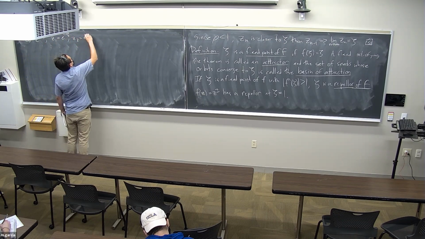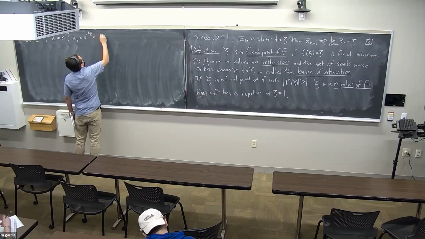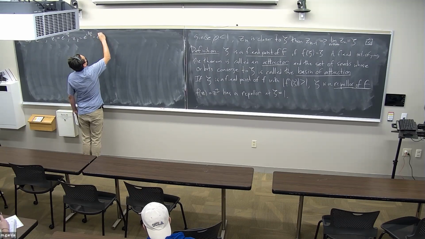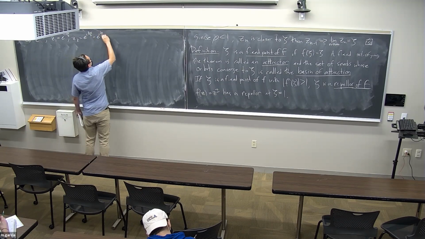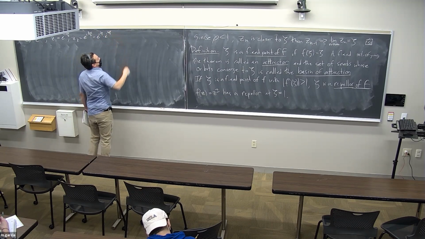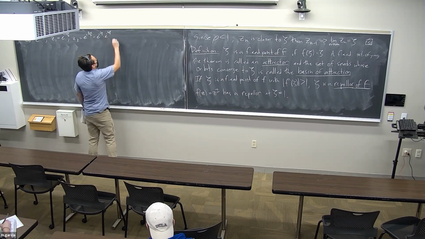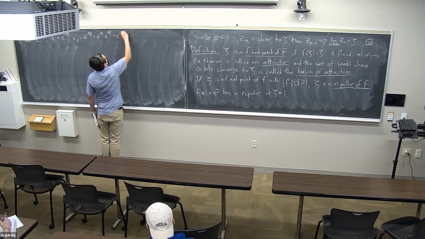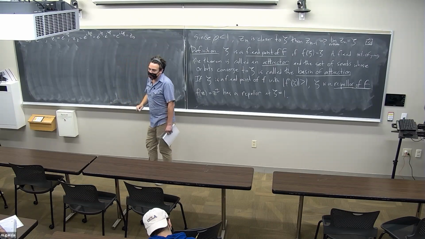I get e to the i 8 pi over 3, which is equal to e to the i 2 pi over 3 times e to the i 6 pi over 3, which is just 1, because 6 pi over 3 is just 2 pi. We ended up back where we started.